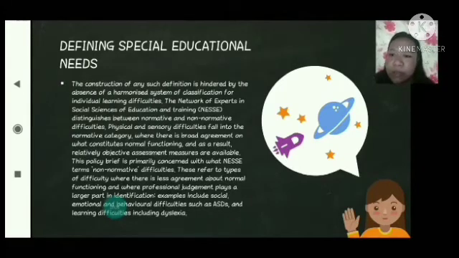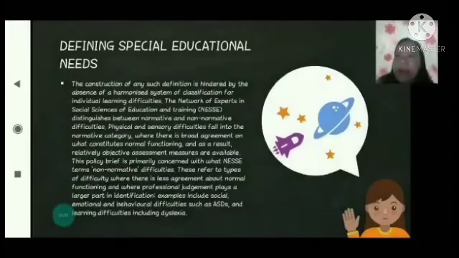Examples of non-normative difficulties include social, emotional, and behavioral difficulties such as ASD, and learning difficulties including dyslexia. The examples of normative difficulties are physical and sensory difficulties.